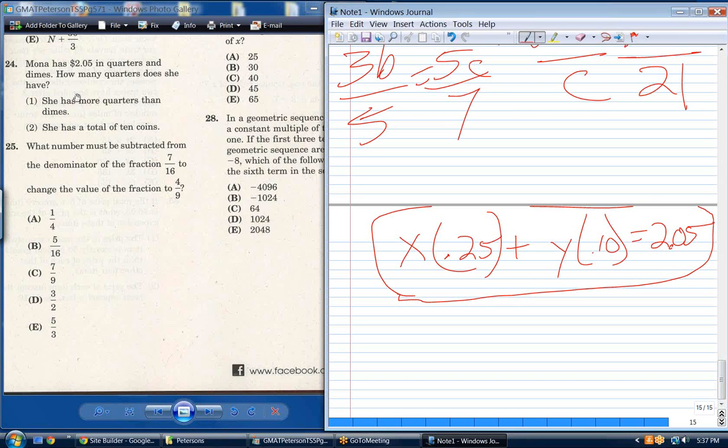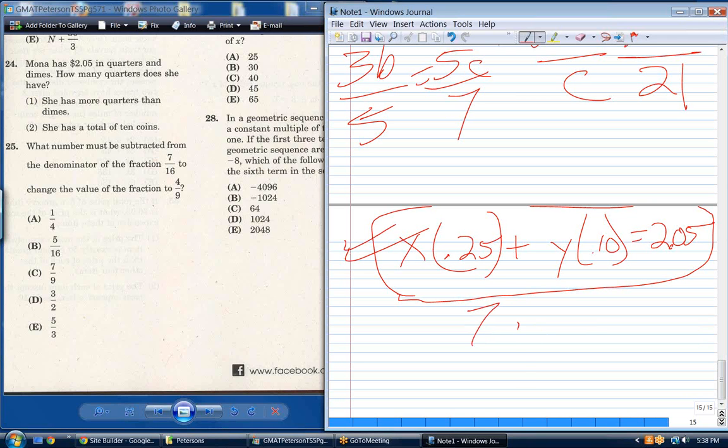The only reason each one of these tells us what the answer is is because there are not an infinite number of solutions to that, because x and y have to be whole numbers. Because x and y have to be whole numbers, this becomes a counting problem. We need to figure out what combinations work.